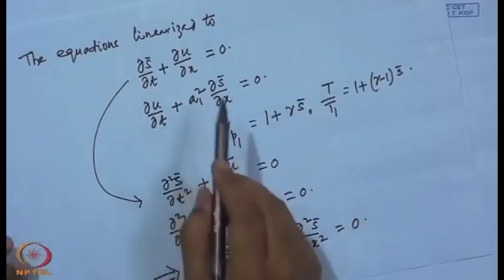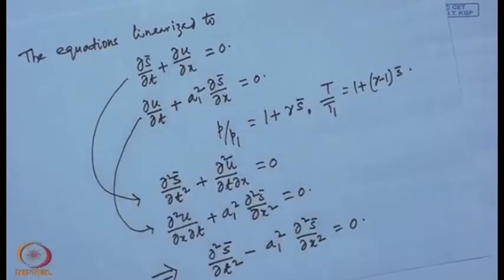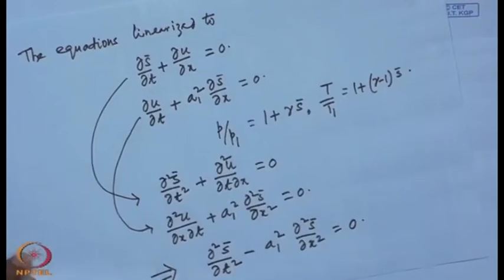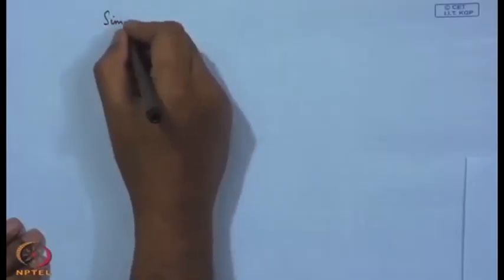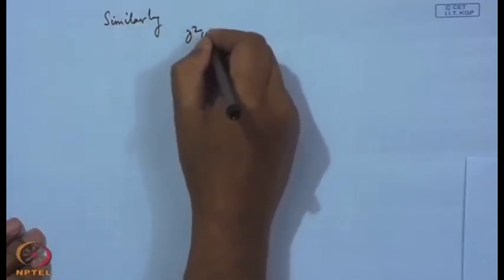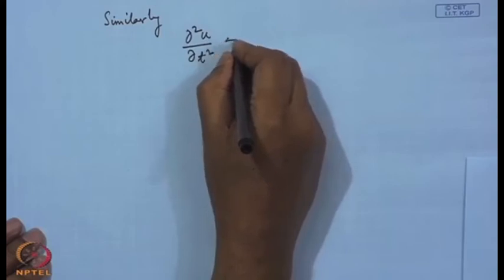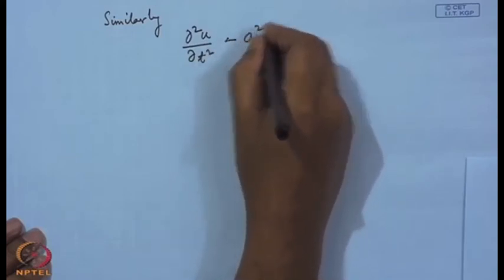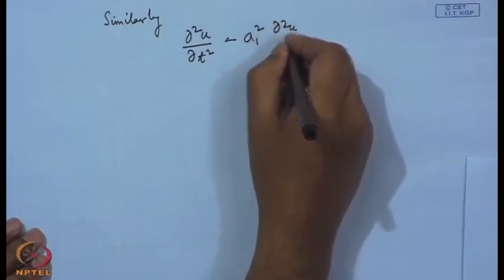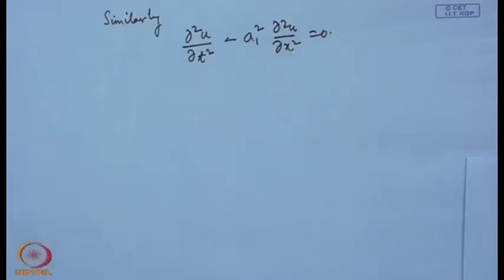Similarly, if we differentiate the continuity equation with respect to x and the Euler's equation with respect to t, we will get an equation in terms of the perturbation velocity, which is again these are the well known wave equations.